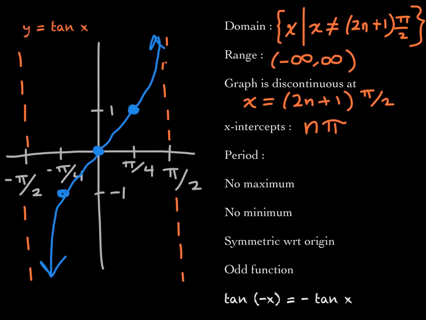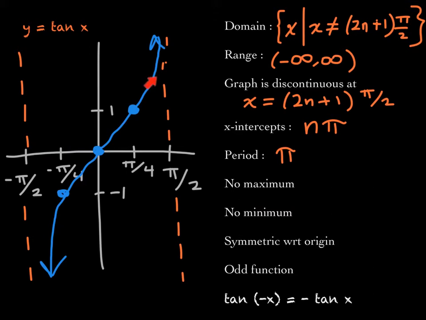So let that sink in. Make sure you have that in your notes very clearly, that you get all of the function values over the period of pi. This is very important because the graph of the tangent goes infinitely high and infinitely low. There is no maximum and there is no minimum.